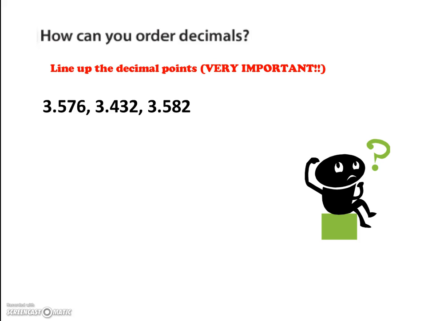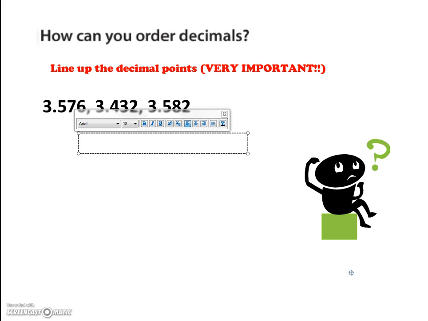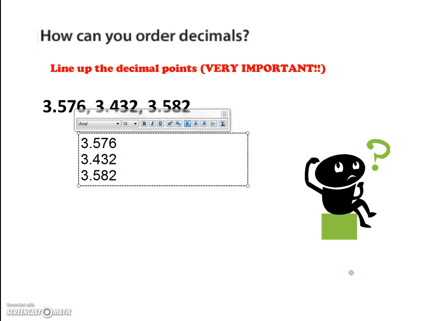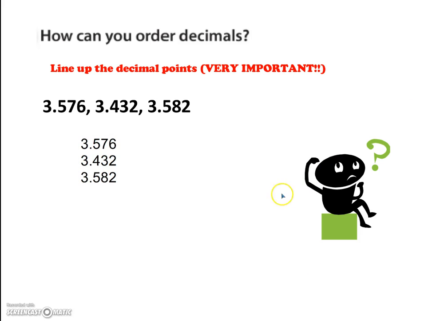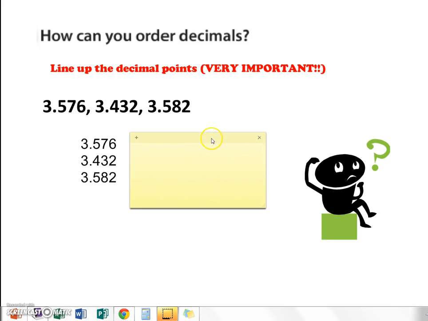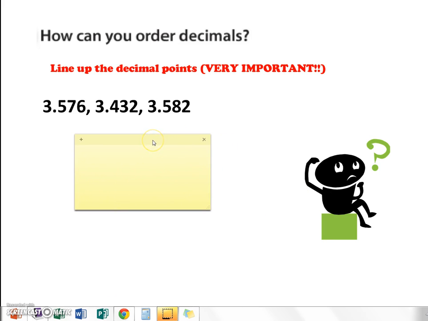So here's another problem. We have 3.576, 3.432, and 3.582. So we're going to put those in order. I'm just going to type them out right on top of each other so that the decimals line up. They are nicely lined up, and I'm going to take my little post-it and cover up the numbers.